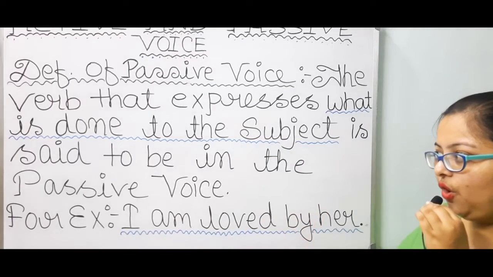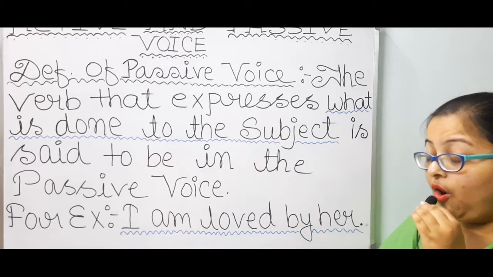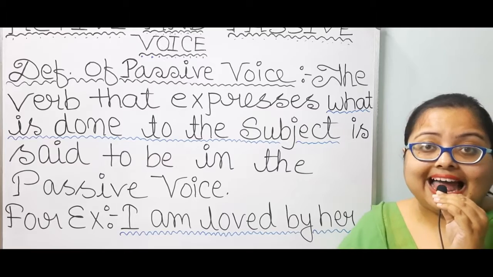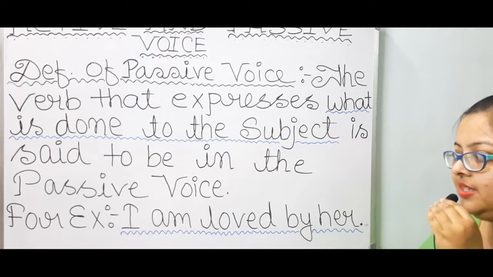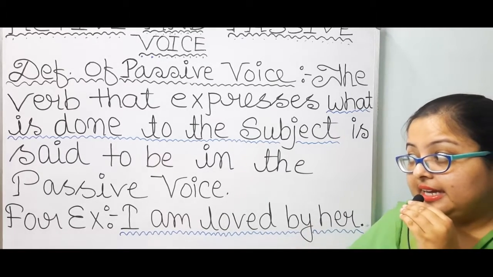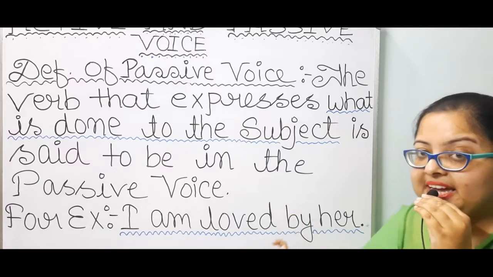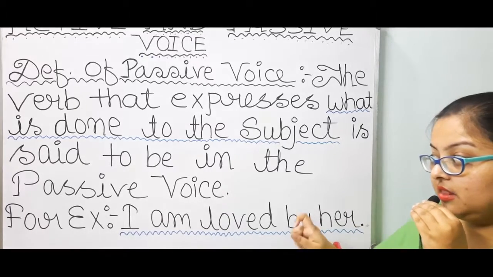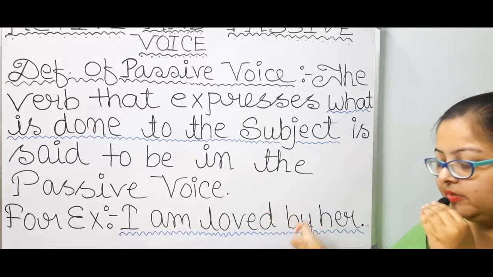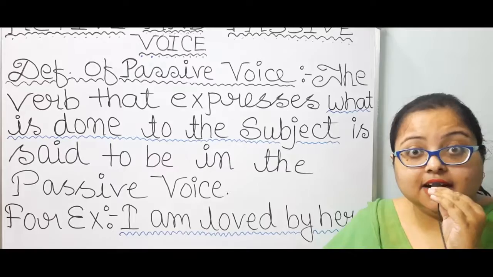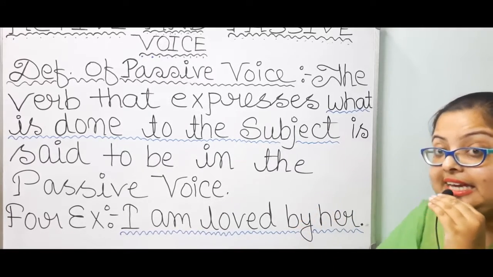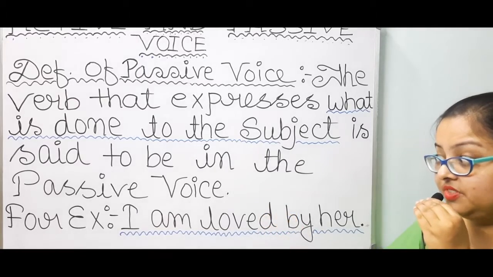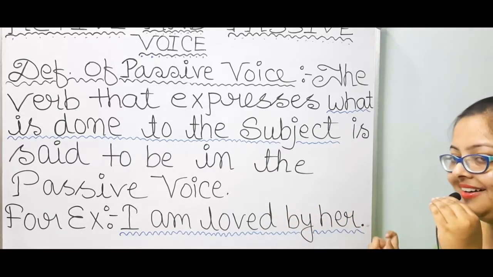And when a sentence is changed from active to passive voice, generally the verb in the passive voice will be in the third form. Here, love, loved, loved. It is in the third form only, that is loved. So, I am loved by her. Full stop.